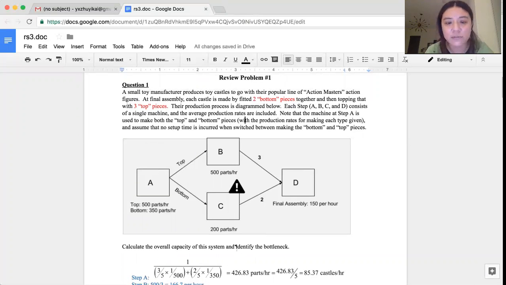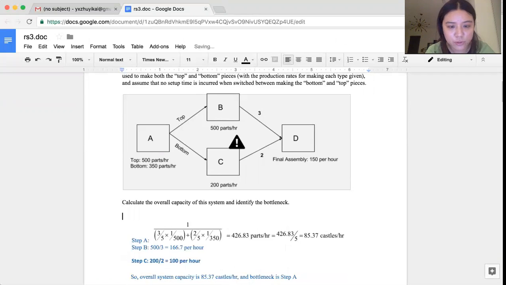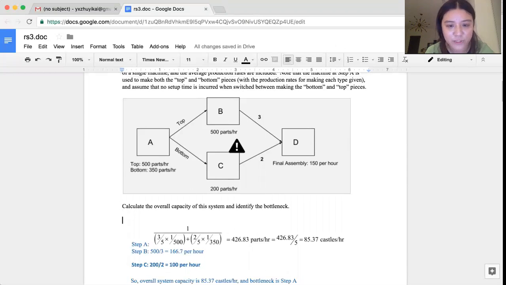So to identify the bottleneck, we need to calculate the capacity for each step. To reduce the time of the whole review session and make it compact, I just wrote all the solutions here, but I will explain one by one.